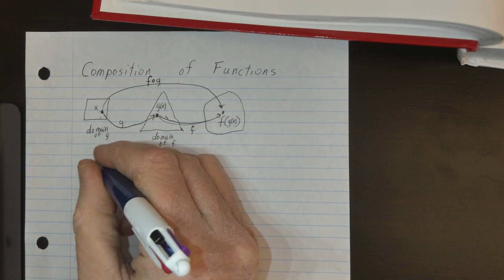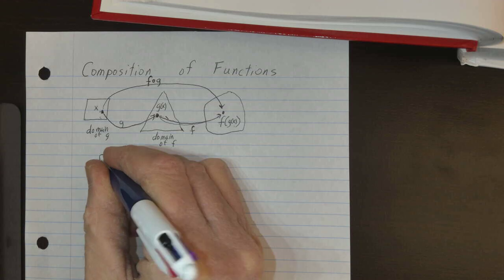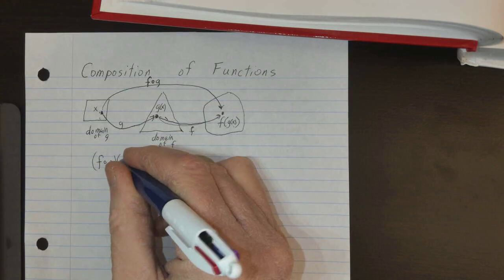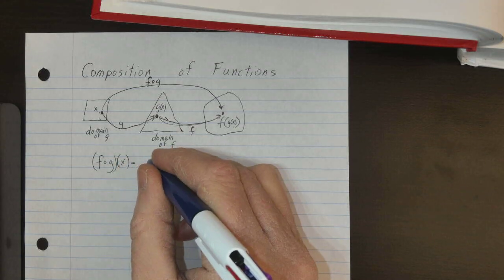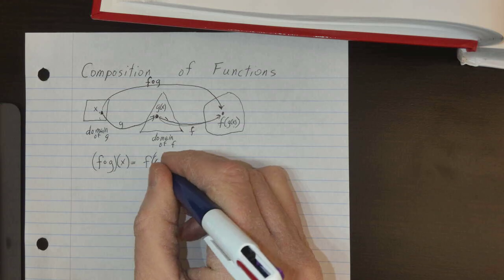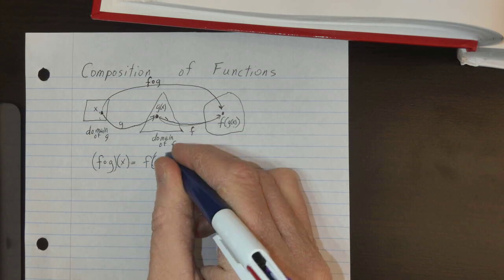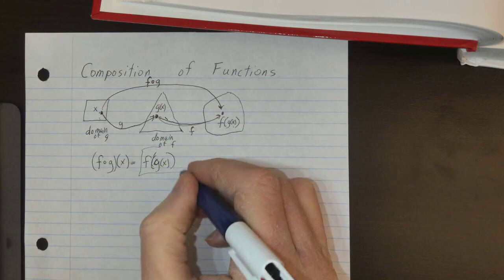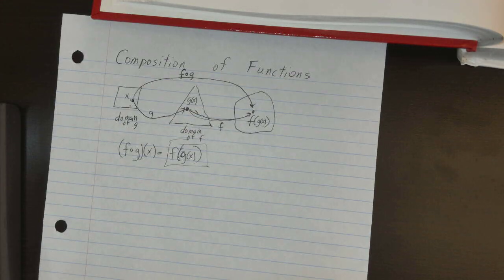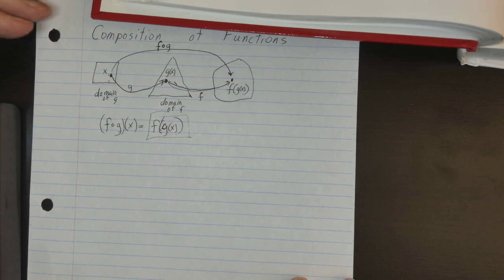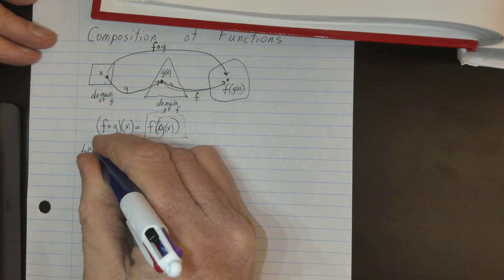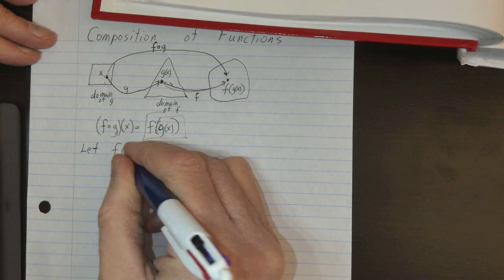So if I have this f circle g of x, it is equal to f of g of x. And I almost prefer this to this, but they mean the same thing. So let's just create these new functions and look at a few examples.